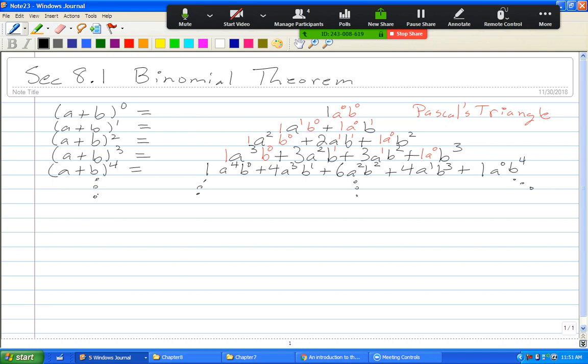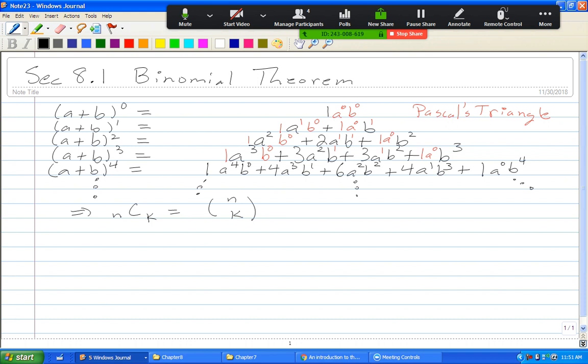Etc. here. Which means I'm able to determine each of these using Pascal's triangle. But if you recall, the members of Pascal's triangle were just these nCk's, which were the binomial coefficients. There's a reason they call them binomial coefficients.